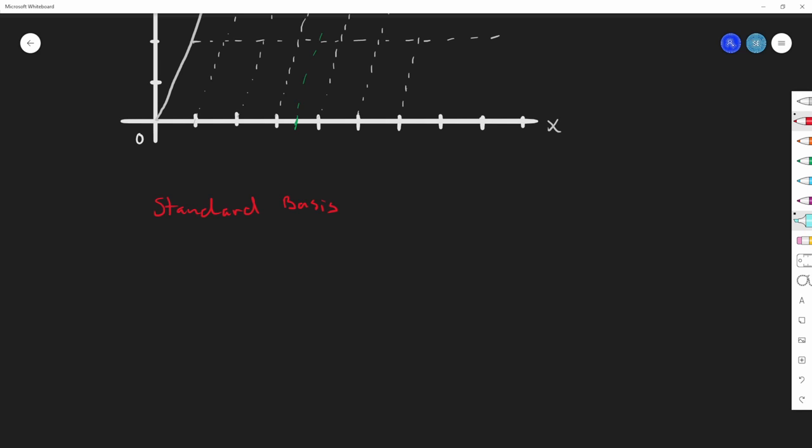Its standard basis would be 1, 0 and 0, 1. So that is the standard basis for the 2D coordinate system. If it was 3 dimensional, that one you should probably know as well, because I did mention it before. It should be 1 0 0, 0 1 0, and 0 0 1.